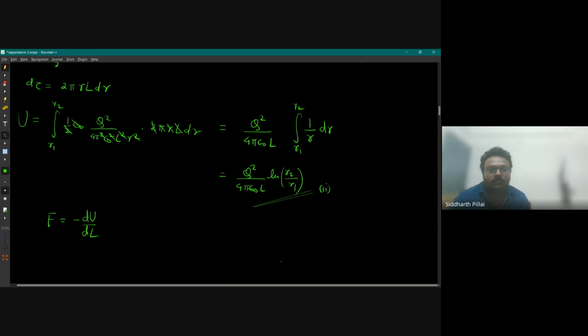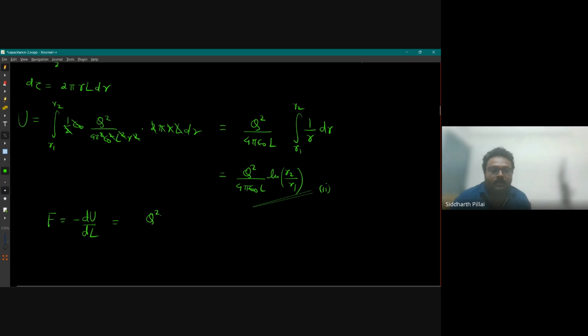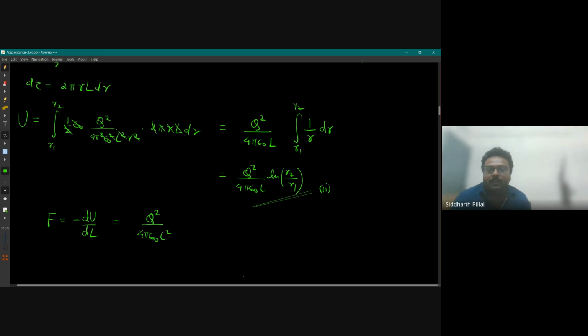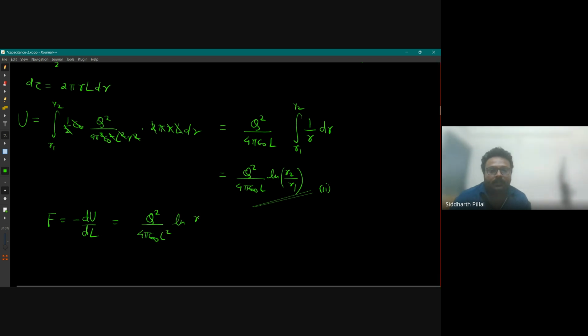So what will I get? Remember, all these are constants. R1, R2 don't change. Q doesn't change. So the only variable here is L. So the derivative of this is minus 1 by L square. I don't know why they've kept the minus in the answer, but it doesn't matter. So what will I get? Q square by 4 pi epsilon naught L square into ln R2 by R1.